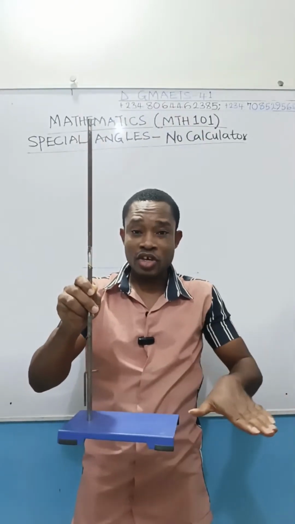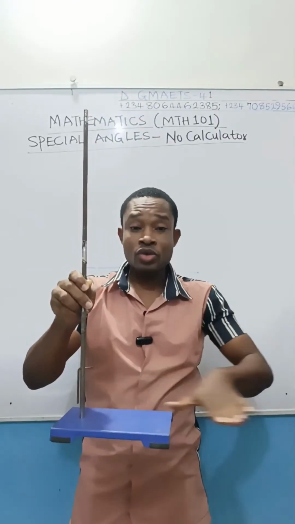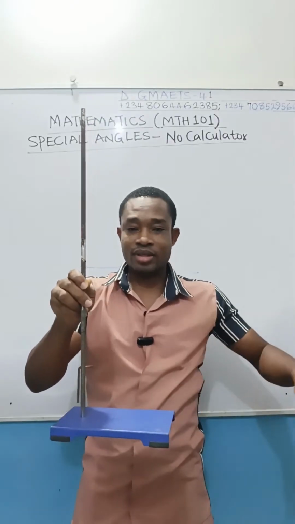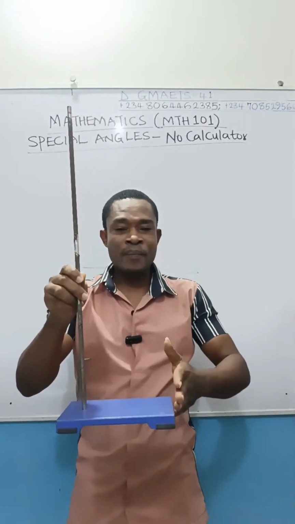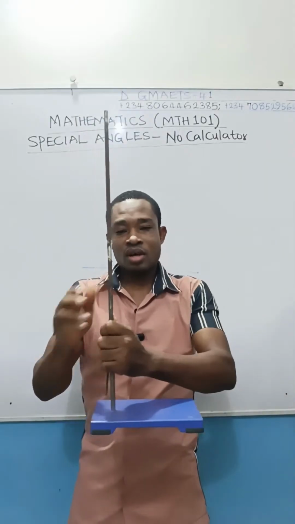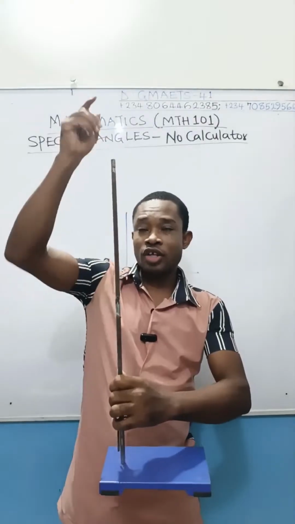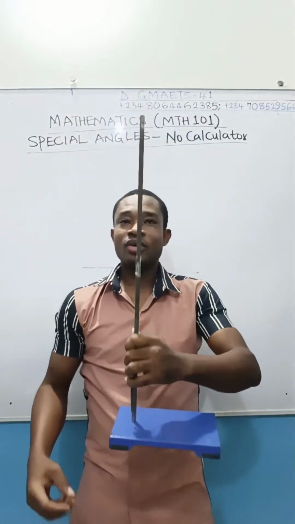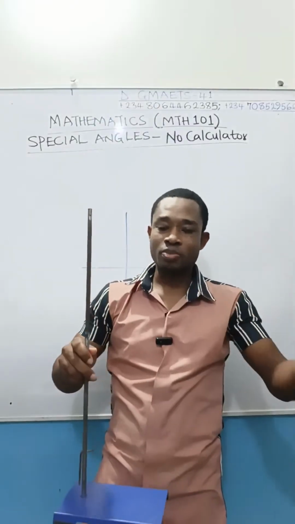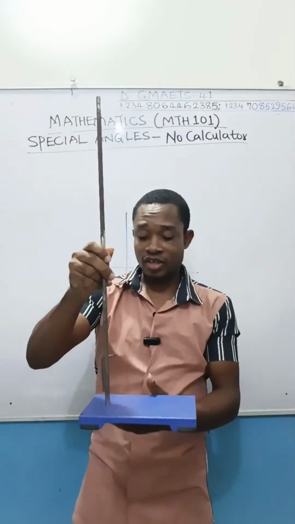This plate is serving as your horizontal axis, that is the x-axis, which could be your east or your west. The same thing with the vertical, your north or your south if it pulls down, which is the same as your y-axis, positive and negative, then the x-axis, positive and negative.